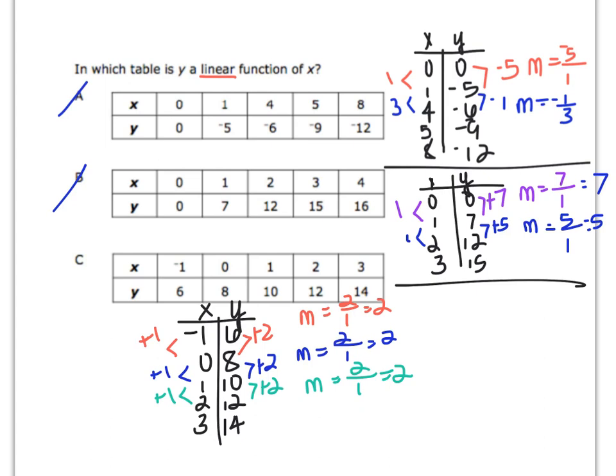And then lastly, 12 to 14, also an increase of 2. 2 to 3 is an increase of 1, so 2 over 1 is 2. So this is why it's linear, because all the slopes, all the rates of change between each point, is 2, so it will create a straight line.